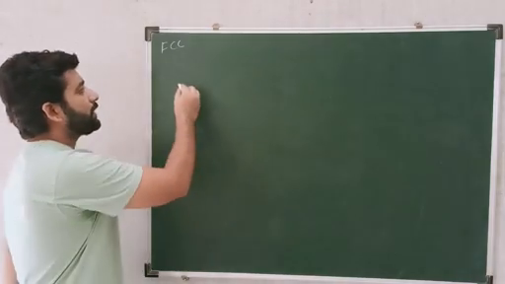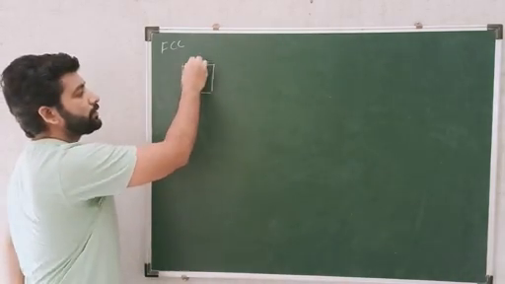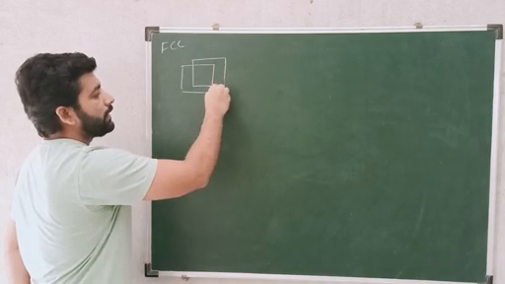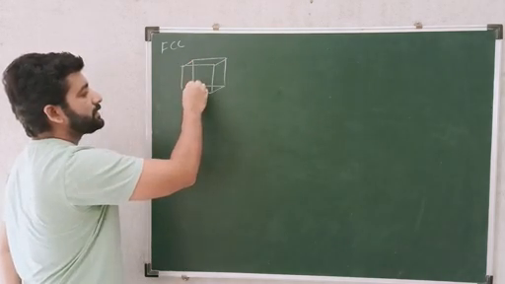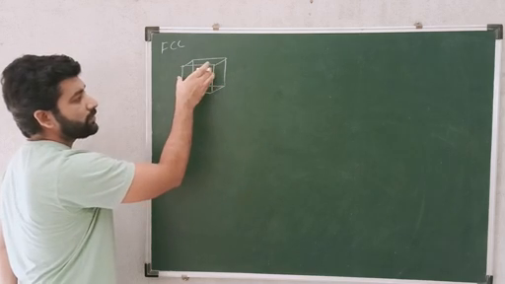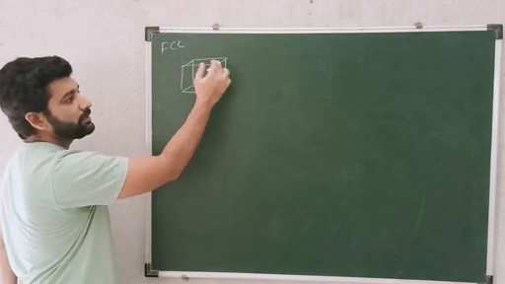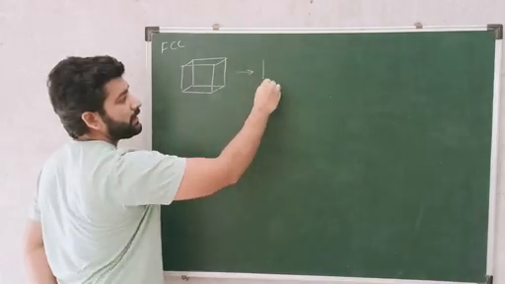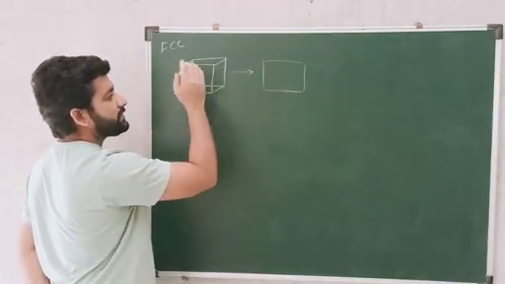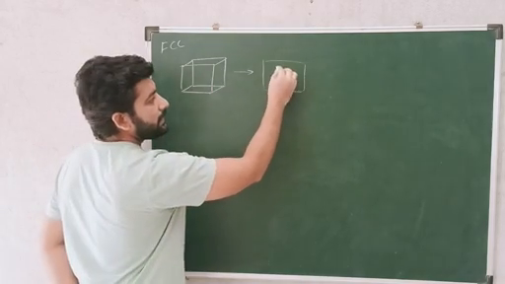First, we are going to construct a cube in the face centered cubic crystal. Considering the face of that cube, here I am writing down the projection of the face of that cube, only the face.